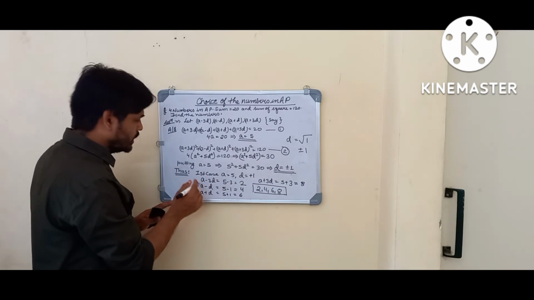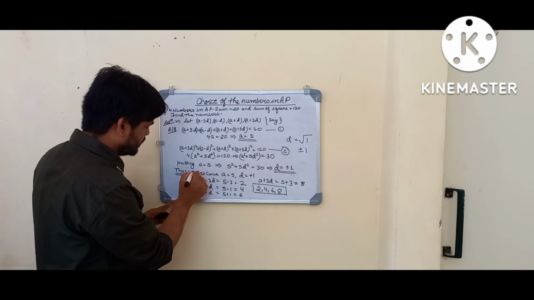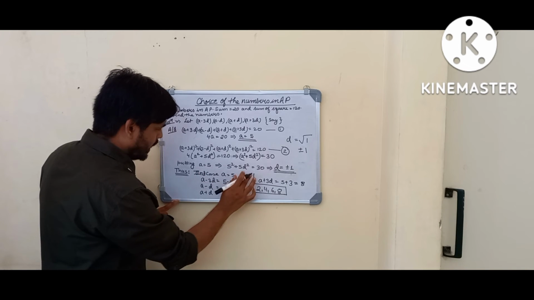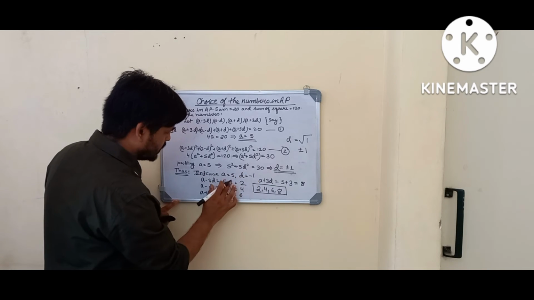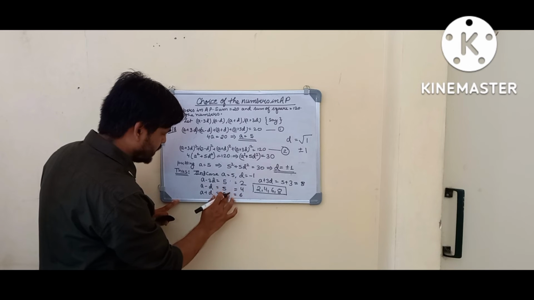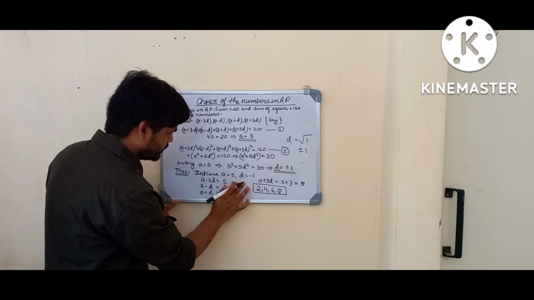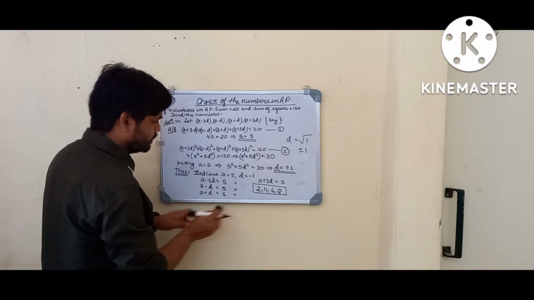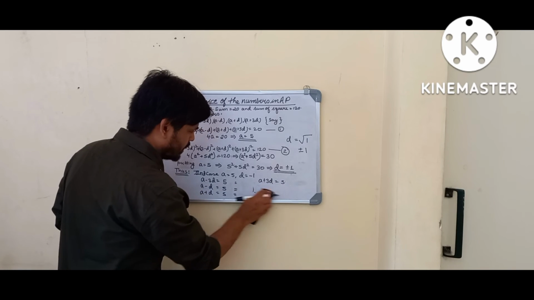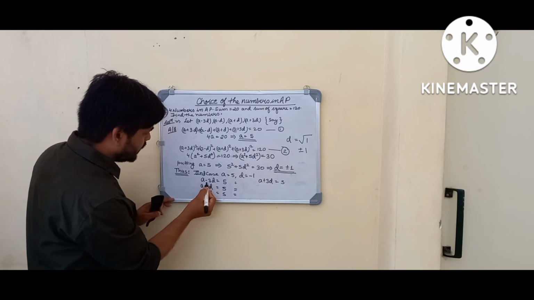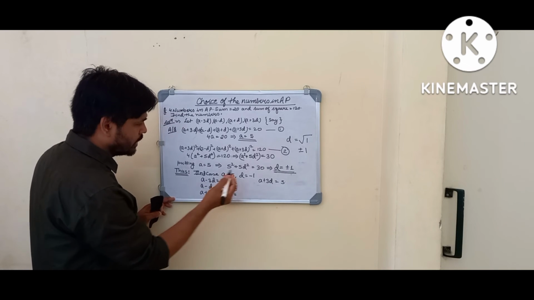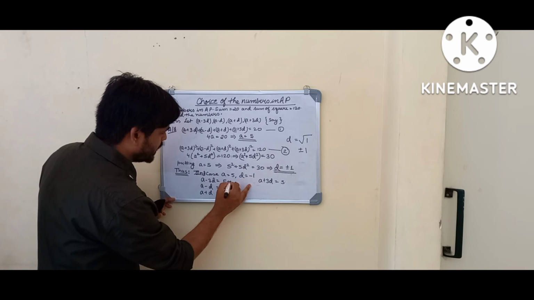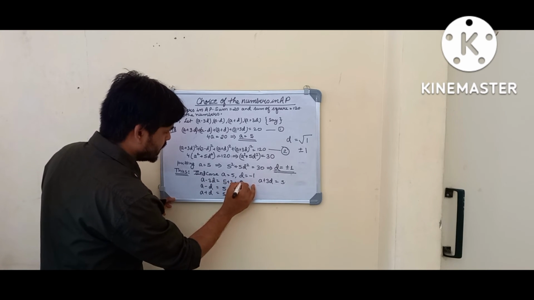Similarly, let us take the second case, where D becomes minus 1. Sequentially the values will change accordingly. A minus 3D means A minus of minus 3, that is A plus 3, which becomes 8.